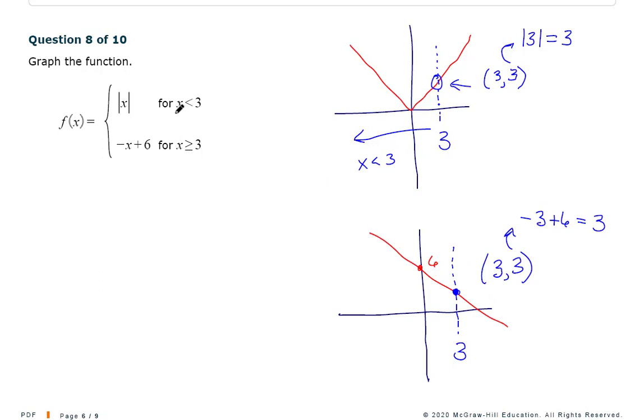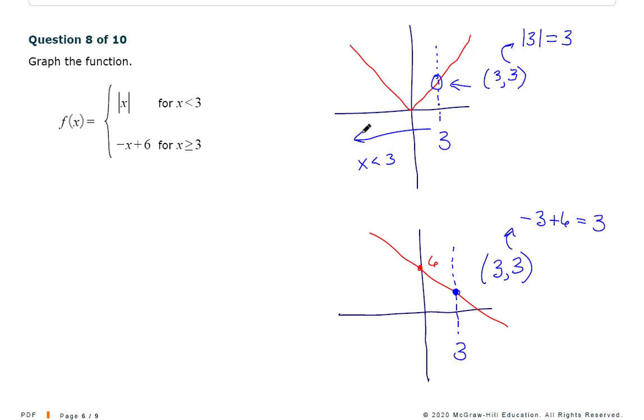Now, I'm going to chop it. I'm going to chop it at 3 on both of them. So chop it at 3, chop it at 3. This one is an open dot there, and this one, because of the equals, is a closed dot. Now, where is that dot? Well, if I plug in 3, absolute value of 3 is 3. And here, if I plug in 3, minus 3 plus 6 is 3.